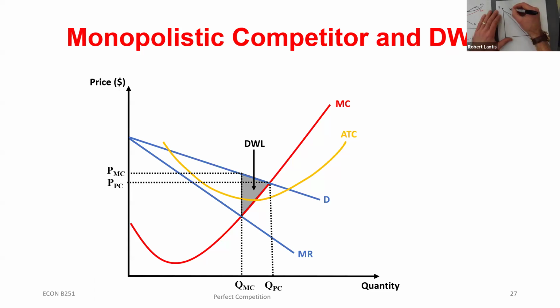I'm going to draw this in such a way that I want marginal cost to hit average total cost at its minimum point. But here, starting out, here's where the monopolistically competitive market would choose, where marginal revenue is equal to marginal cost. We could then think about, they go up to the demand curve to set the price.